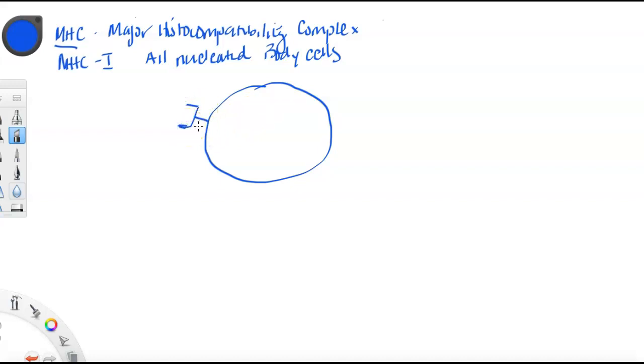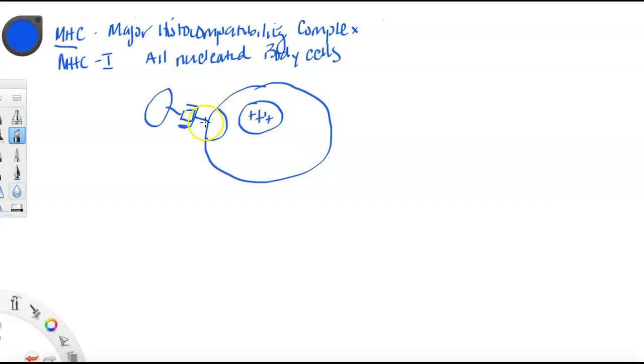Okay, and basically we have the platforms out here. Okay, and when they attach to something, whatever it is, some other whatever, it will endocytose that whole thing inside itself. Okay, it endocytoses it and then puts it into a not a vacuole, but a vesicle, and it breaks it down into its little protein pieces.